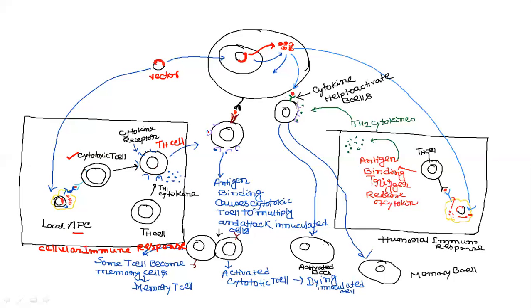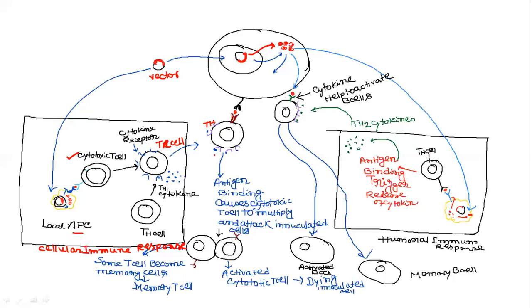These are the T helper cells, and these are the TH1 cytokine, right? These are the cytotoxic T cells or TC cells.